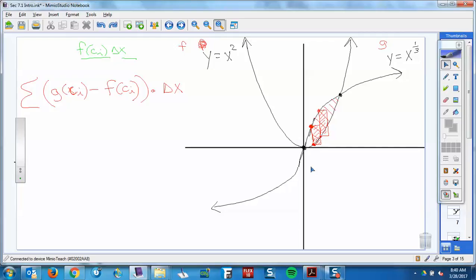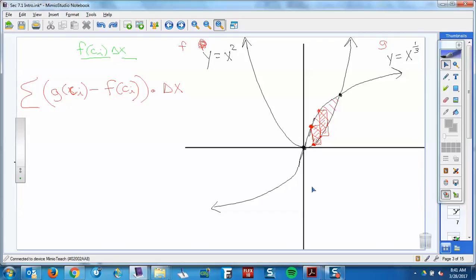That doesn't matter. The area is still the area. Okay, it's still this height minus this height. So let's say you had a curve that was here at 1, and then it went down here to -1. What's that height? 2. 1 minus -1, right? It's a height of 2.